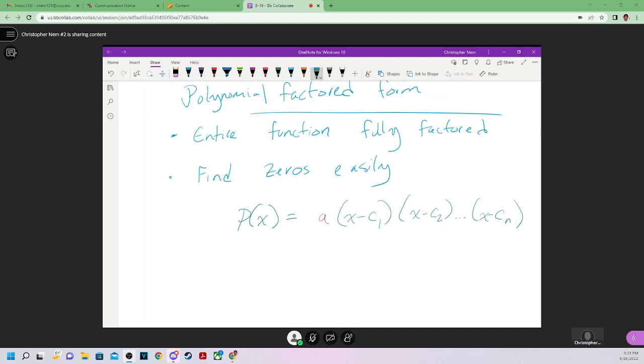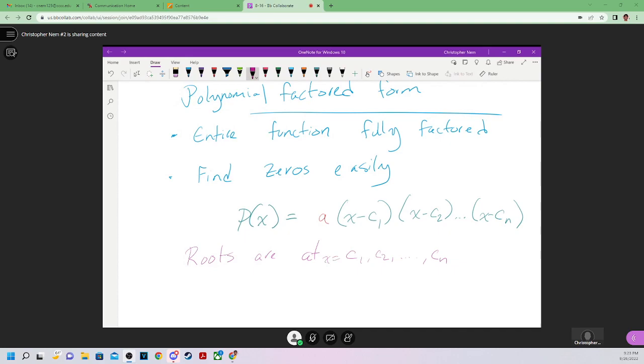All the way to the nth degree. I can turn a polynomial fully factored out. And this is going to tell us your roots are at c1, c2, all the way to cn. These are where your roots, your x-intercepts, are located.